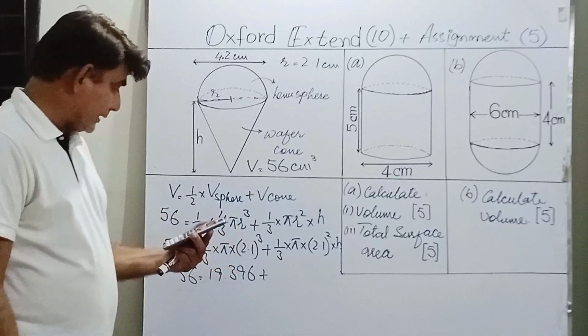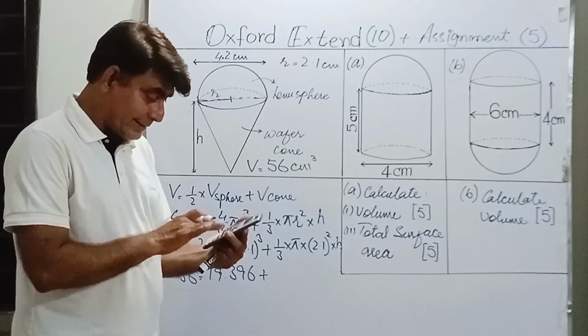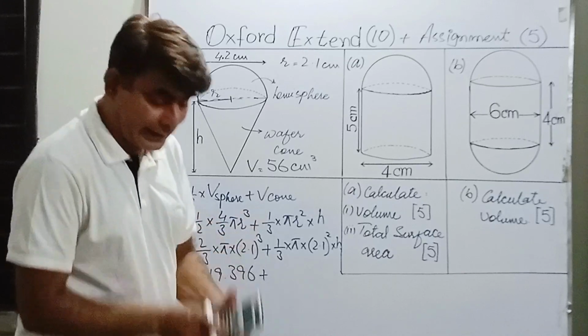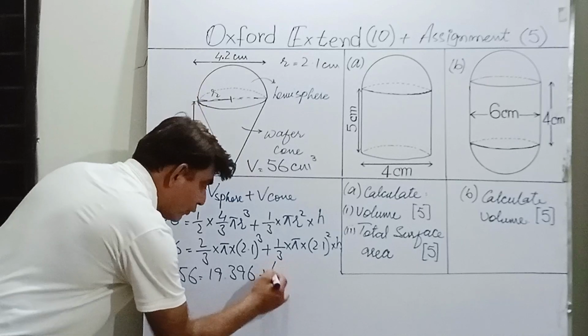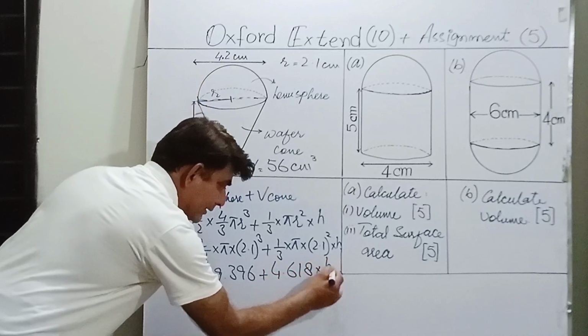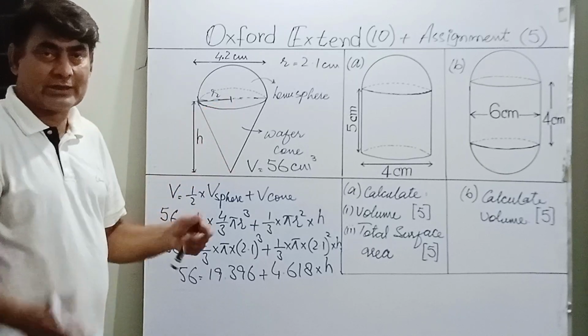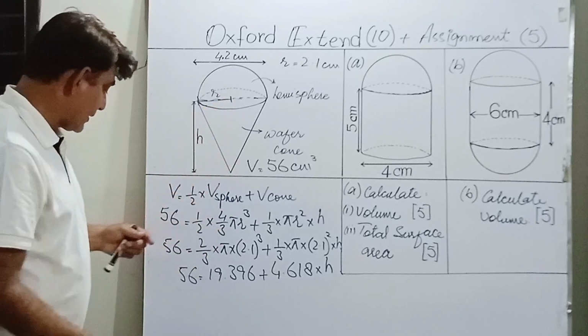So 1/3 times pi times 2.1 square, now the answer is 4.618. So 4.618 times height. And we have to find out the height of this cone. This is the requirement of this question.